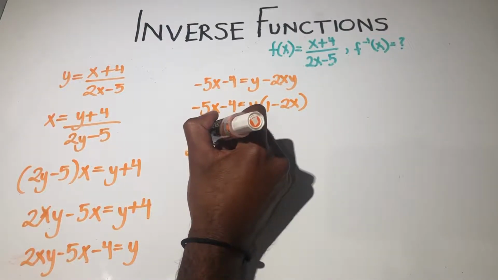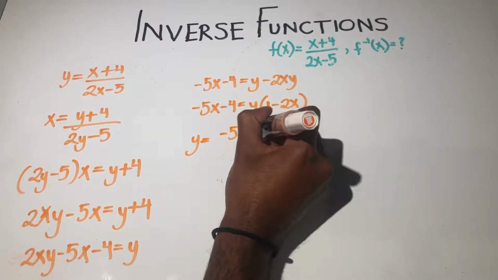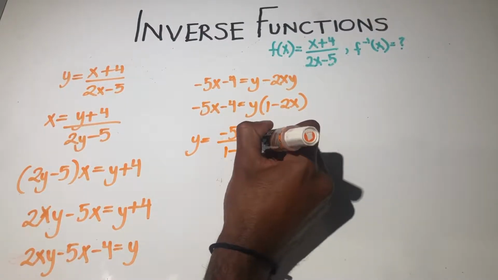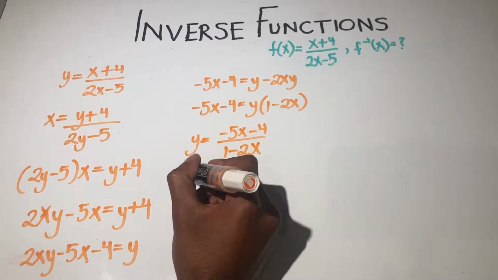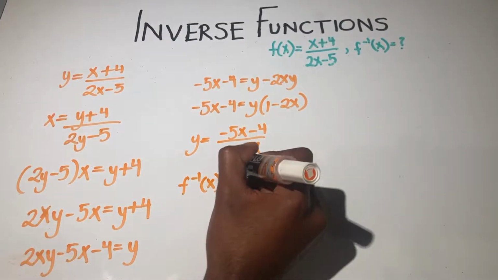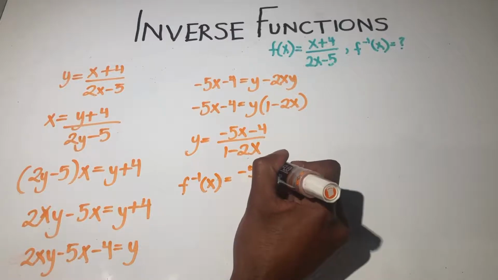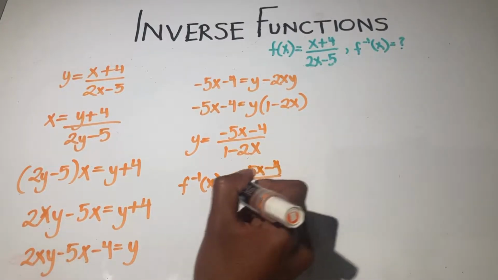So y is equal to negative 5x minus 4 over 1 minus 2x. Then I'm going to replace y with our inverse notation: f inverse of x equals negative 5x minus 4 over 1 minus 2x.